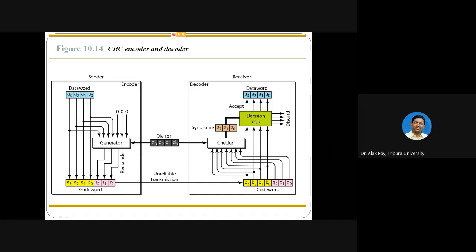So now you have A3, A2, A1, A0, R2, R1, R0. This code word will be sent through the unreliable transmission, and now you have B3, B2, B1, B0, Q2, Q1, Q0.